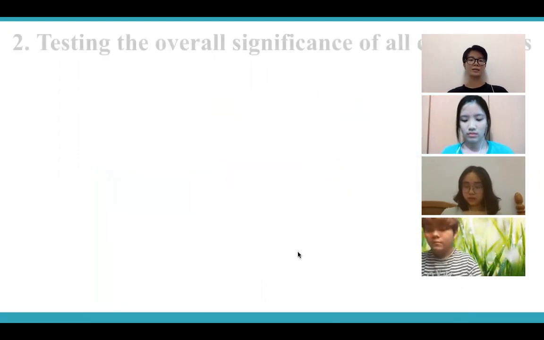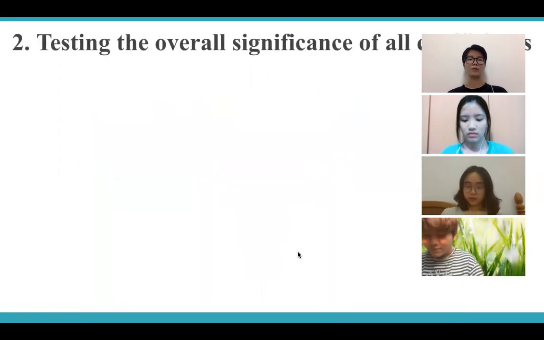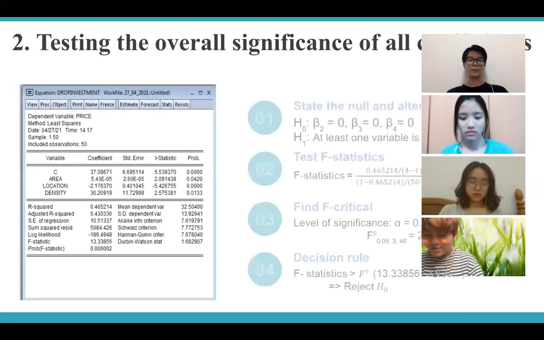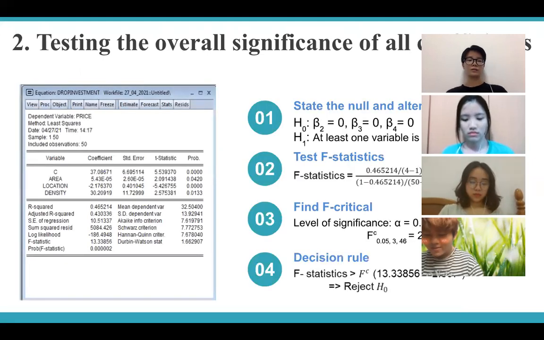The second test is about testing the overall significance of the coefficients. Based on the EViews data, we state the null and alternative hypothesis. H0 is beta 2 equals 0, beta 3 equals 0, and beta 4 equals 0. And H1 is at least one variable is significant.